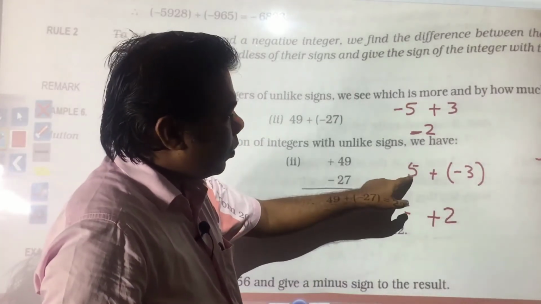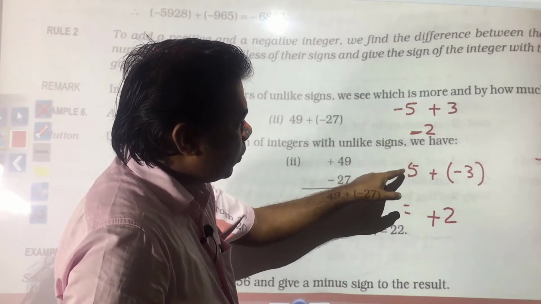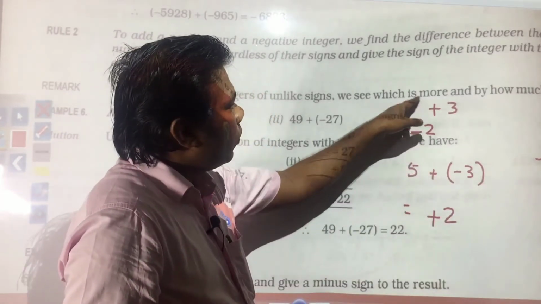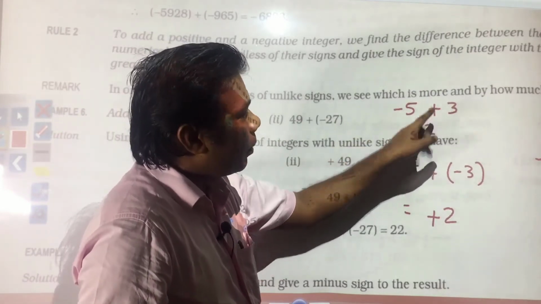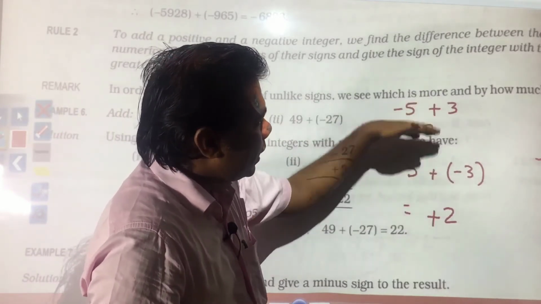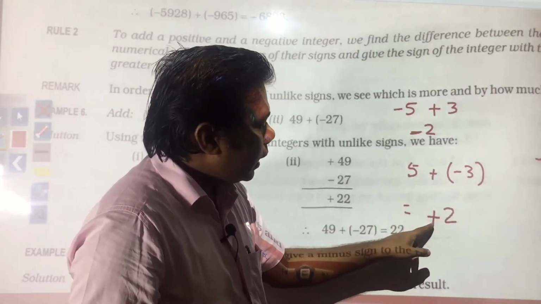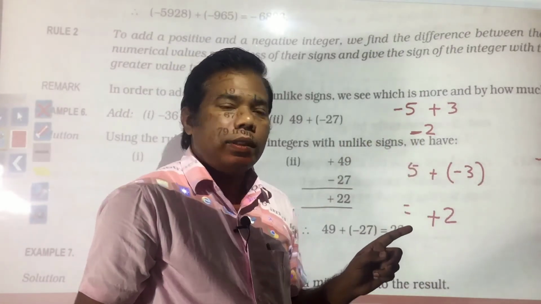Here you see 5 was greater, the bigger number we had was 5, and that was with positive sign, so the answer we have got is positive. Here we had negative sign, and that is why the answer we have got is negative, but subtraction we did in both the cases, and after subtraction we had got 2. But in this case we have got positive sign, in this case we have got negative sign.